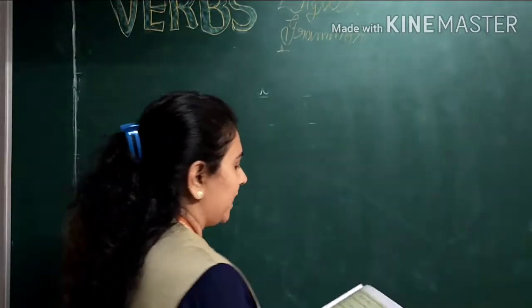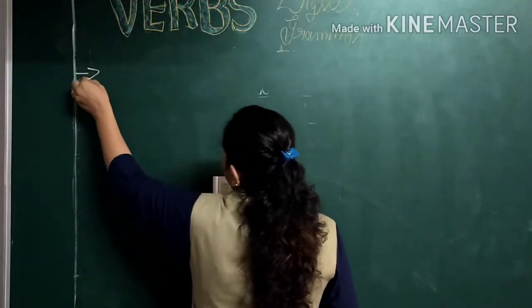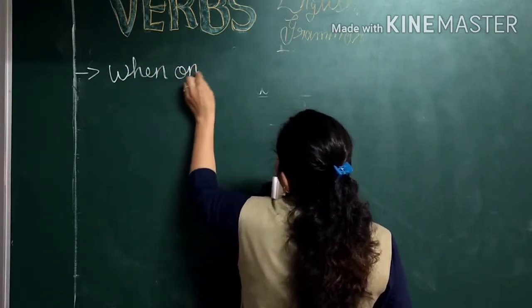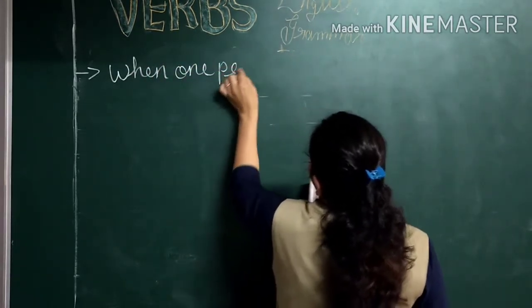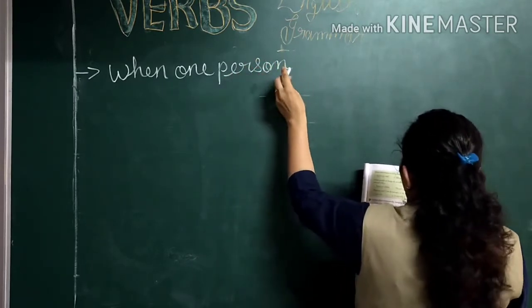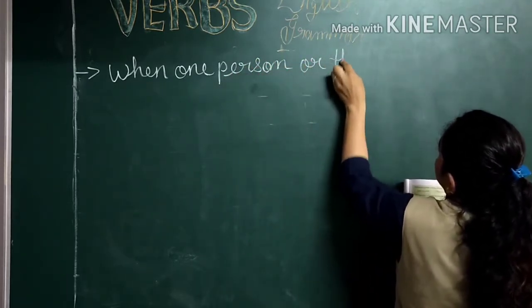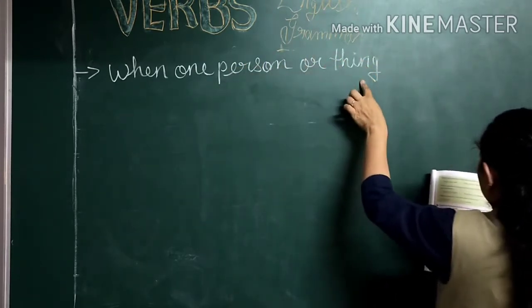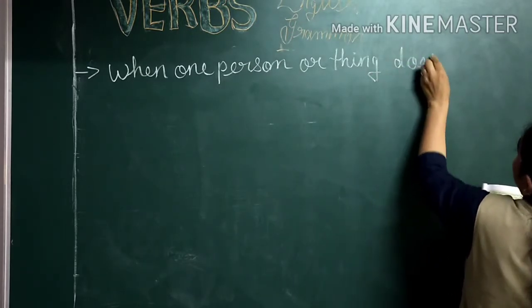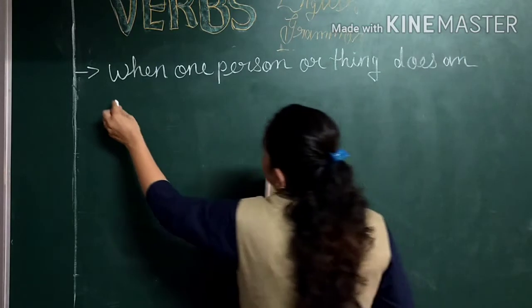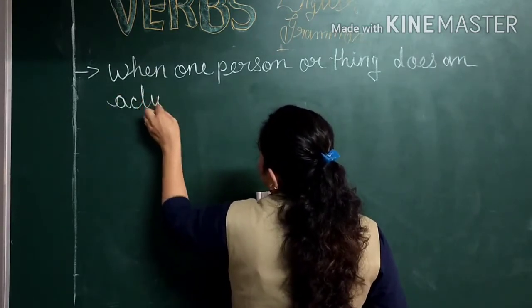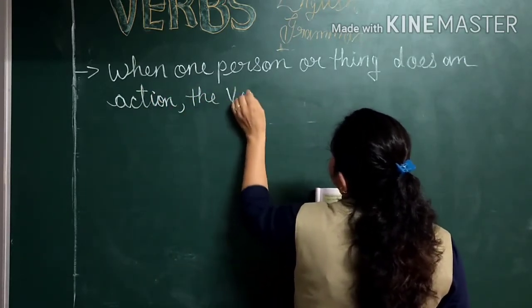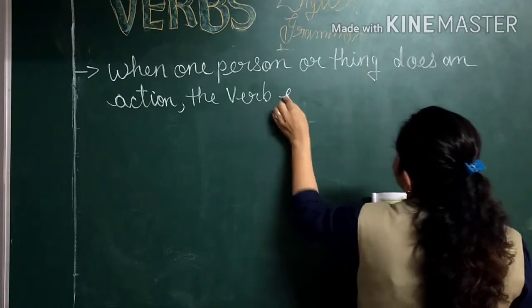The rules are like, number 1: when one person or thing does an action, the verb ends with S.